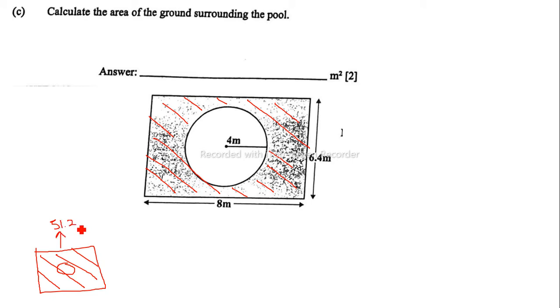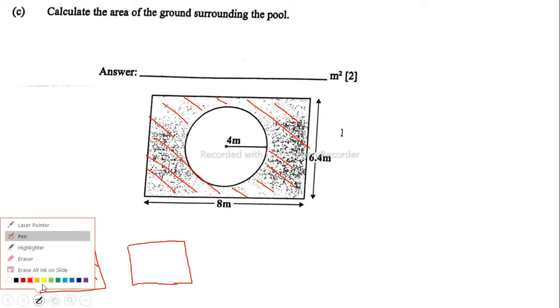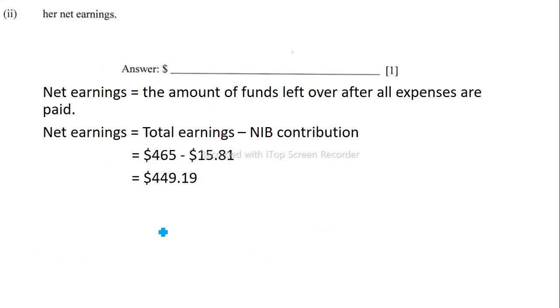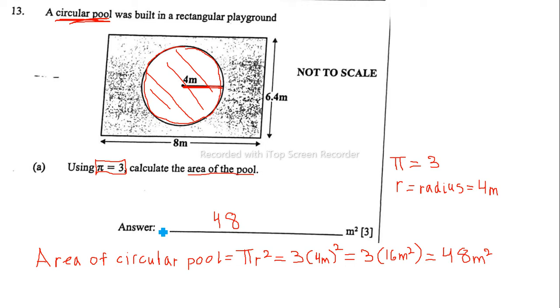Now before that we had to determine the area of the circular pool, and we found that the area of the circular pool is 48, right?